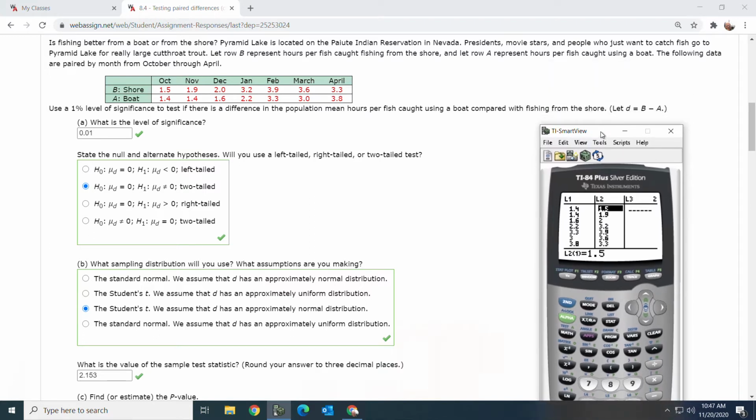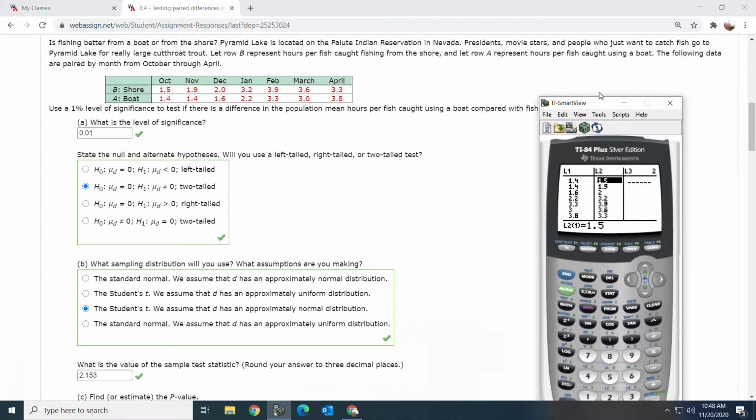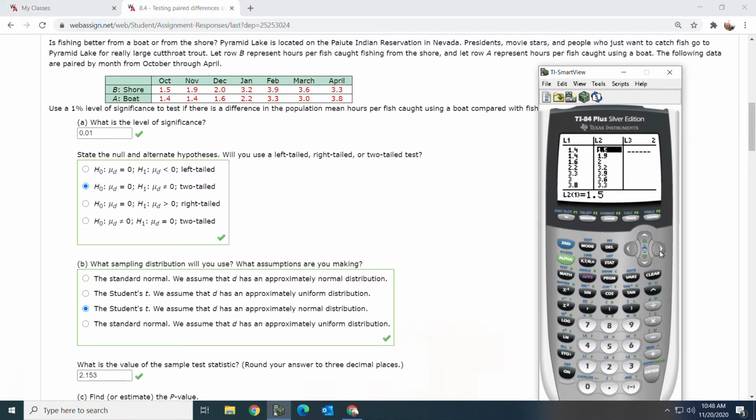Using a 1% level of significance to test if there's a difference in the population mean hours per fish caught using a boat compared with fishing from the shore, they are defining the difference as B minus A. In L3, go to the top of the column.